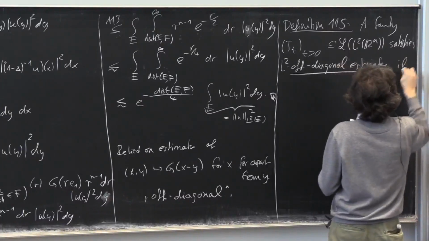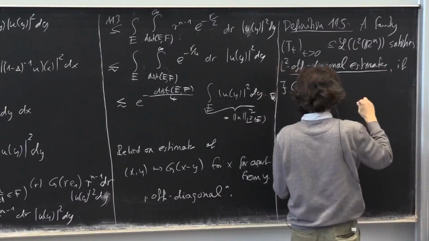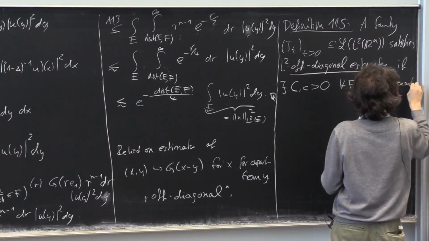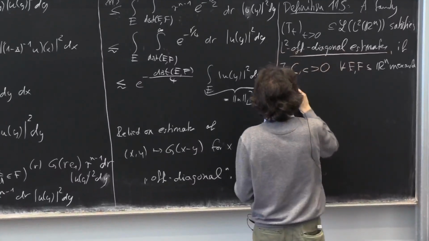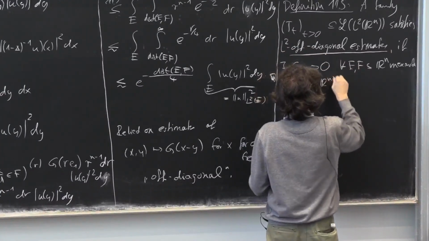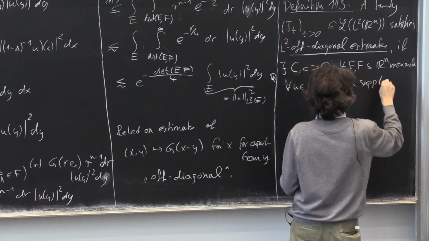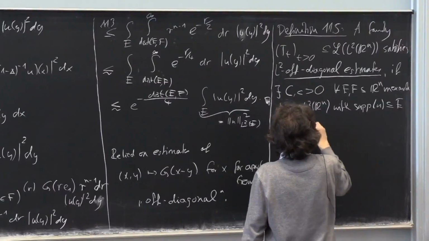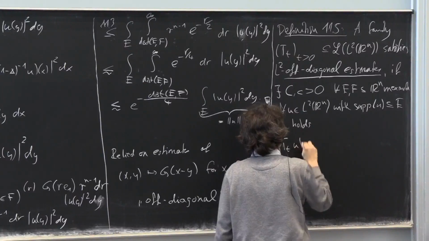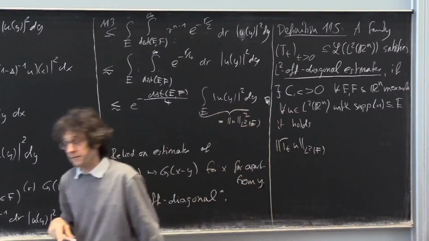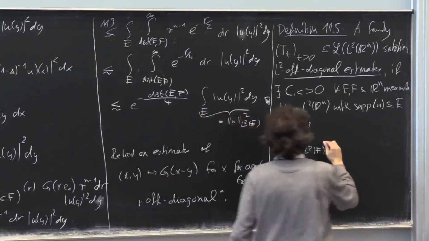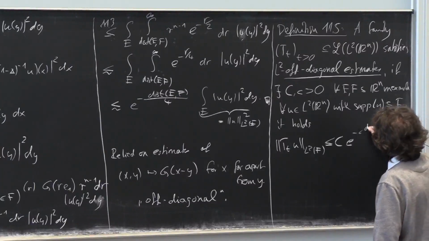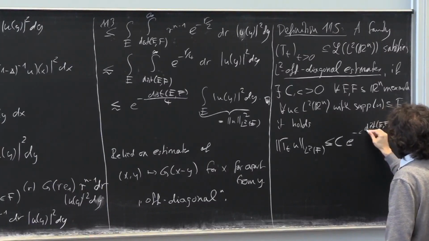So if there are constants capital C and small c strictly positive, such that for all choice of measurable subsets E and F of R^n, and for all u that are supported in E, you get the estimate that the operator T_t applied to u, measured in L2 on F, is controlled by some constant, then exponential decay e to the minus small c times the distance from E to F, and now the scaling in t is here.